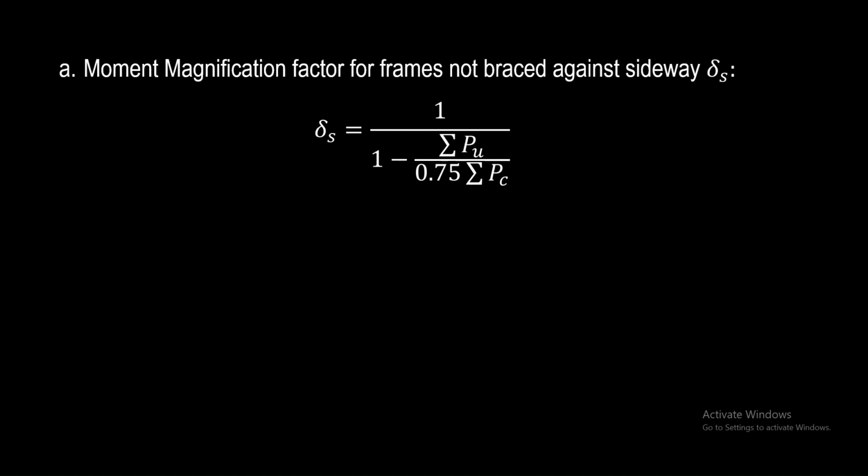Next, the actual question we are asked is to determine the moment magnification factor for frames not braced against side sway. For this type of problem, the moment magnification factor has an equation of 1 over 1 minus the summation of the factored axial loads over 0.75 times the summation of P sub C, or the critical loads for columns on the floor.